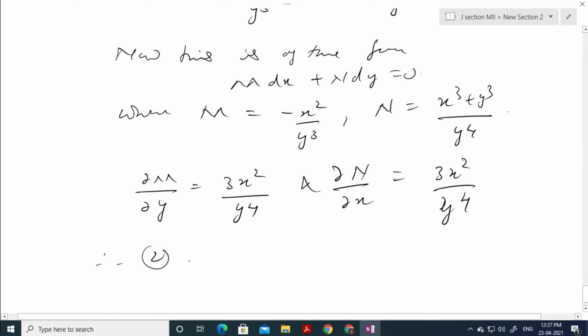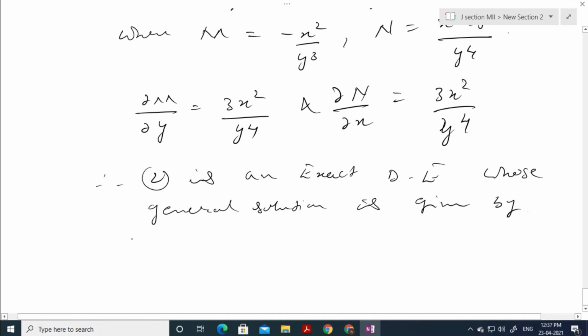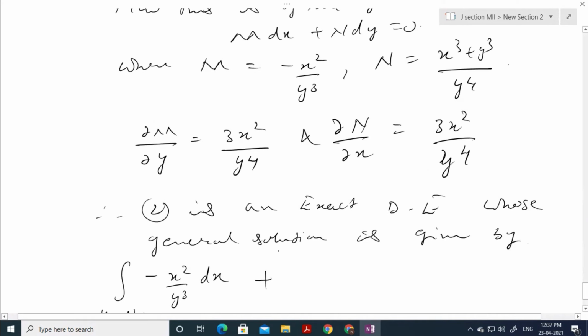Therefore, 2 is an exact differential equation whose general solution is given by the integral of M, which is minus x square by y cube, with respect to x, keeping y constant, plus those terms of N which are independent of x.